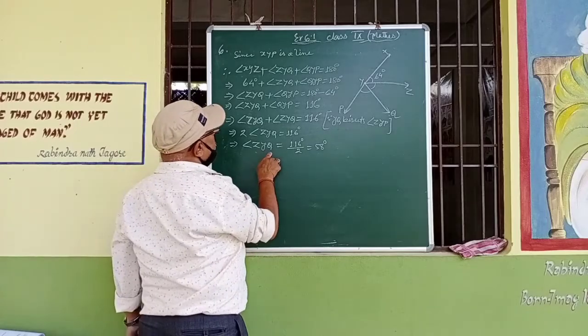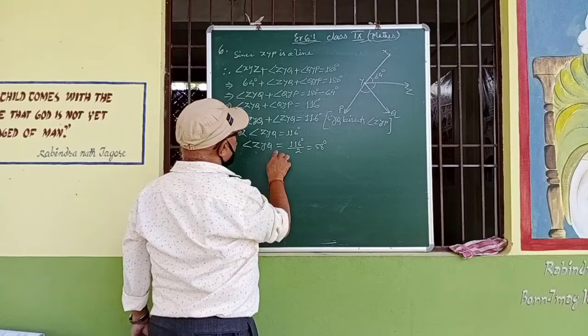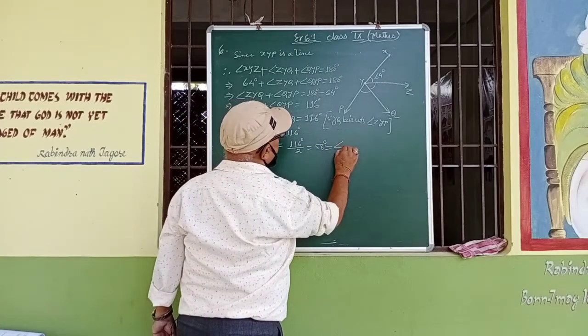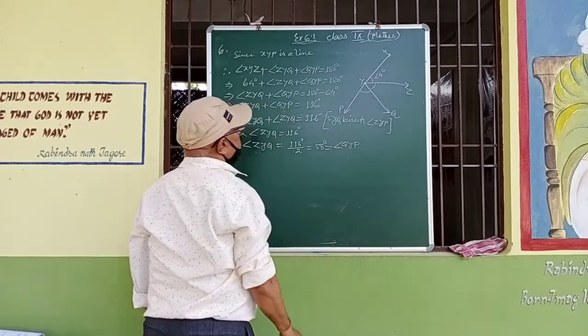So ZYQ and QYP are equal, so ZYQ is equal to 58, so QYP also 58.